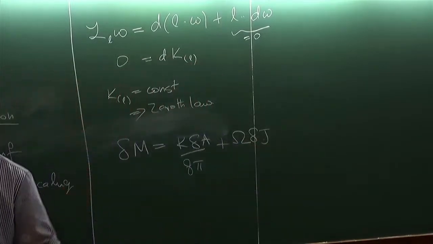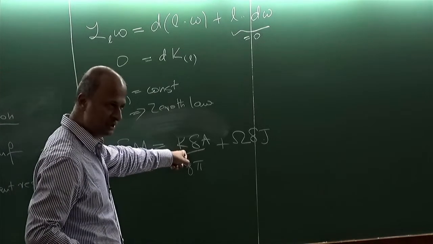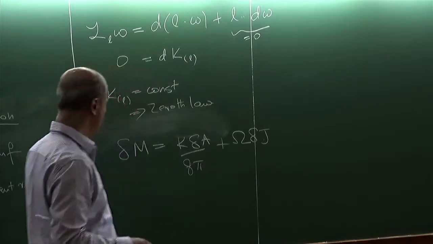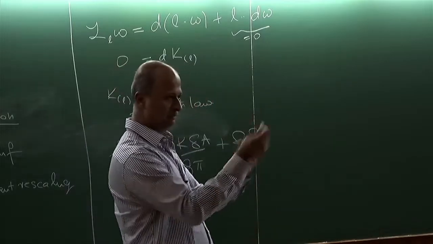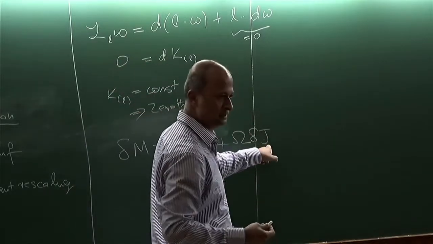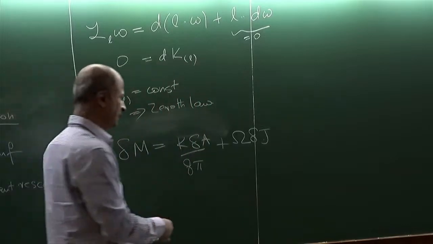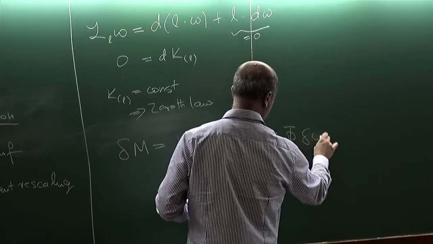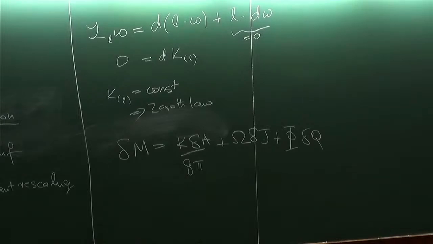If I have a spinning black hole, then the change of the mass is κ δA, where κ is the surface gravity and A is the area of the horizon. I've dropped Newton's constant here. Ω is the angular velocity of the horizon, and J is the angular momentum of the horizon. If the black hole has electric charge, then I also get extra terms like the potential times δQ and so on.